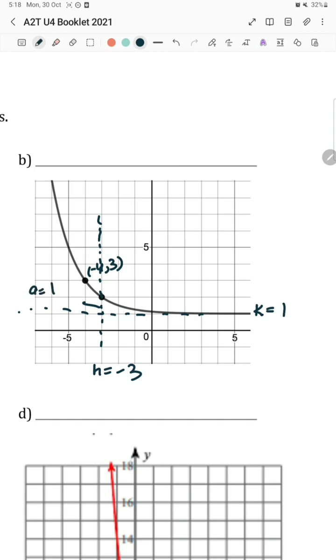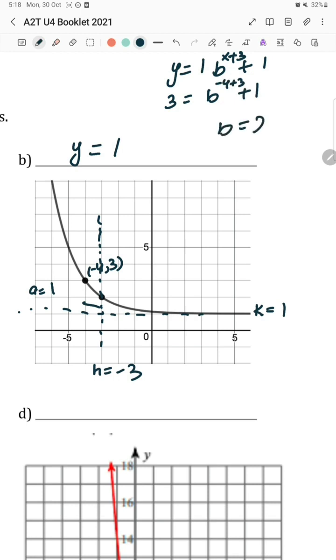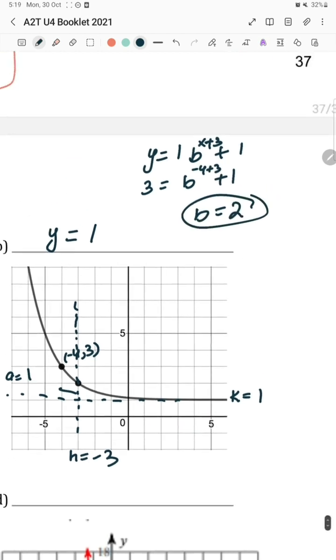So the equation would be y is equal to a, which is 1, b to the power x minus h, plus k. Putting minus 4 in, 3 is equal to b to the power minus 4 plus 3, plus 1, b is equal to 2. So y is equal to 1 times 2 to the power x plus 3, plus 1.